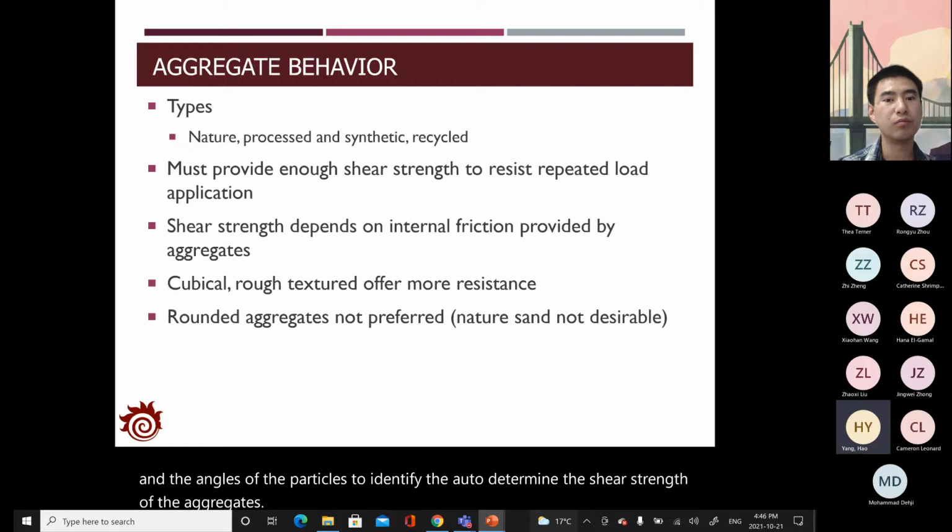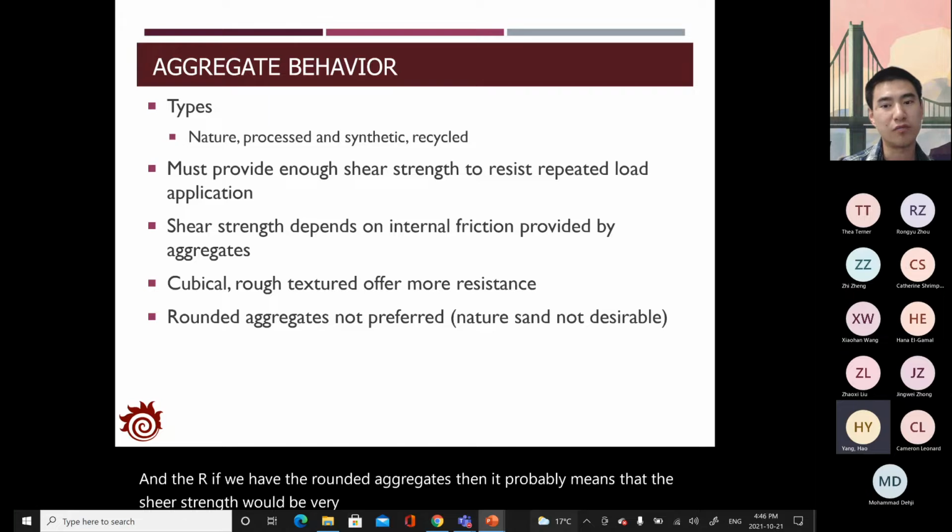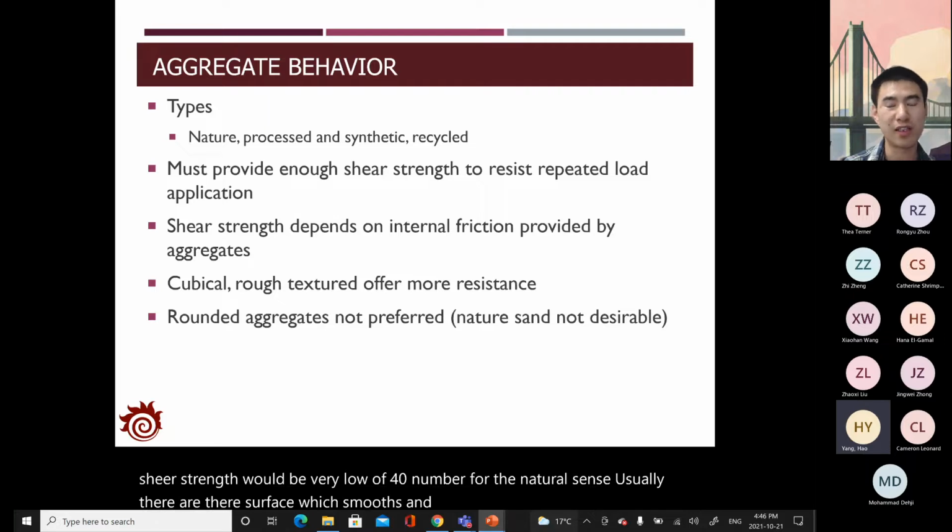And if we have rounded aggregates, then it probably means that the shear strength would be very low. For example, for the natural sands, usually their surface is smooth, and this indicates that they are not appropriate for the aggregates in the asphalt binder.